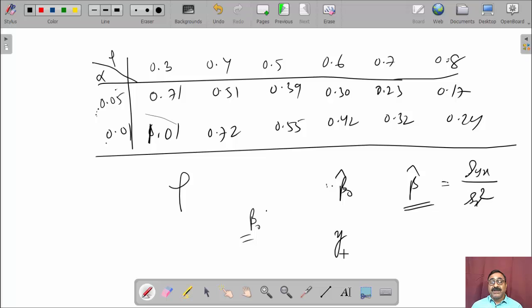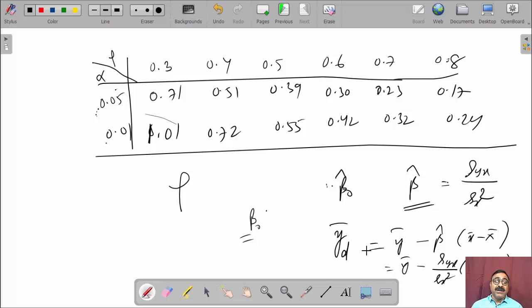The difference estimator yd bar reduces to y bar minus β cap (X bar minus x bar), that is y bar minus syx by sx² (X bar minus x bar). So this estimator is called the linear regression estimator, which we shall study in our next video. Thank you.